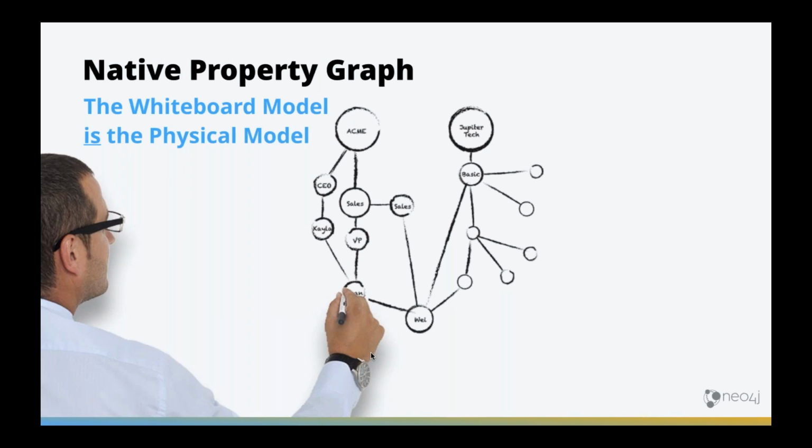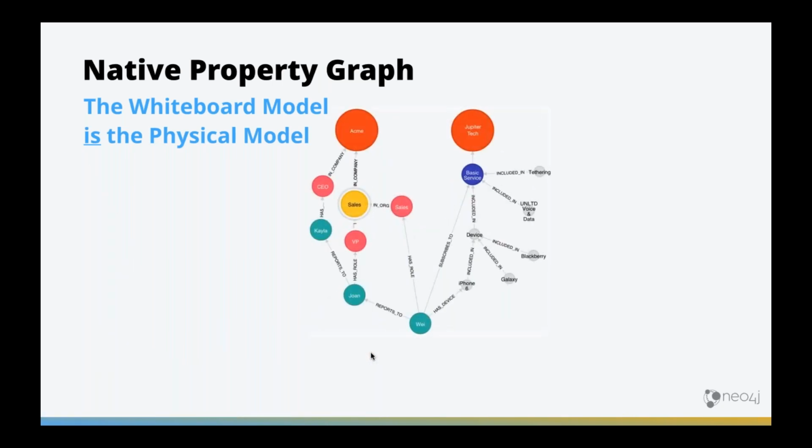If you think about what most of us do in a boardroom, or in our lives, we go up to the whiteboard, we draw circles and lines to describe things to people, and that model is a physical model, and that's what graphs are. It represents, with what we call nodes and relationships, in a way that we would normally and very intuitively do on the whiteboard. And there's a lot of power to that because it's easier for people to understand.